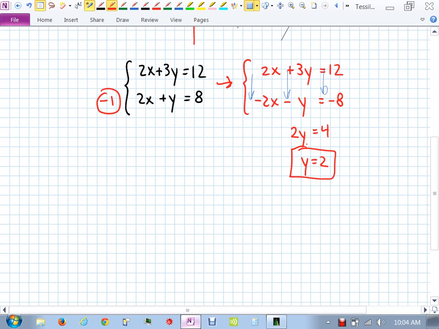Take that answer, plug it into any equation. So I'll plug it into this one right here, the second one. 2x plus y equals 8. Replace y with 2. Two x equals 6. X is 3.